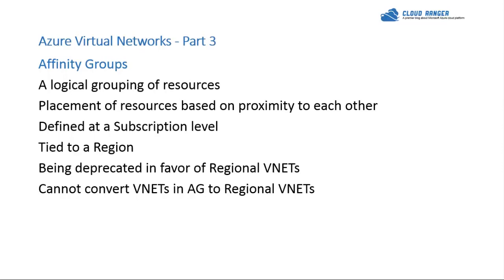You will see a lot of documents, a lot of blogs, and even certain MSDN articles that refer to affinity groups when they talk about resources on Microsoft Azure. Affinity groups are a logical grouping of resources such as cloud services, virtual networks, virtual machines, and storage in Azure.